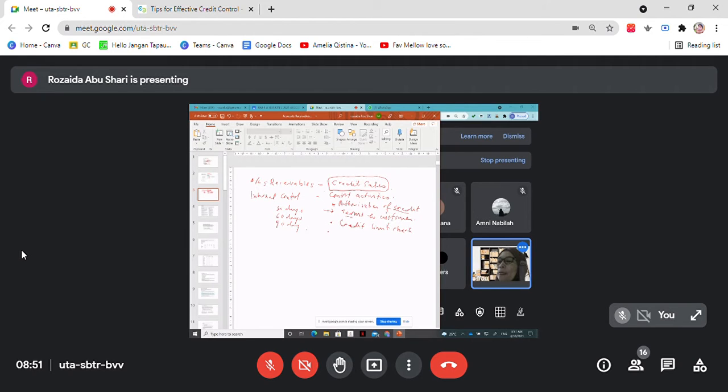So that's why the test of control is important, because when the company has established it and it is effective, then when you perform the substantive test on the account receivable, you might reduce your test if the internal control system here is effective. So you can reduce your substantive test.